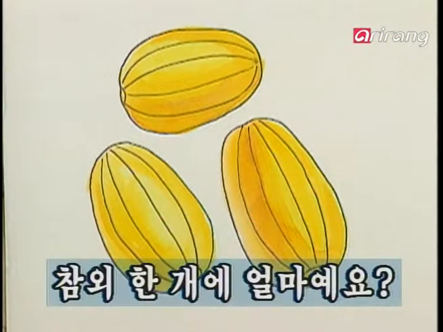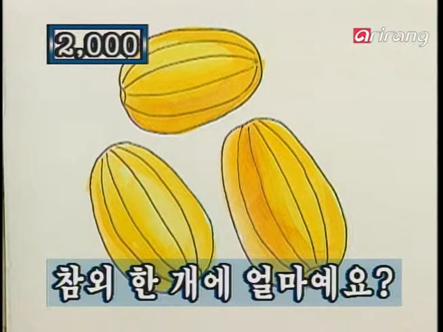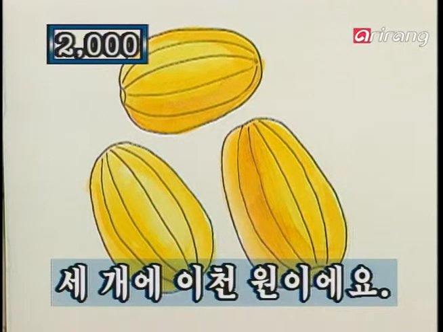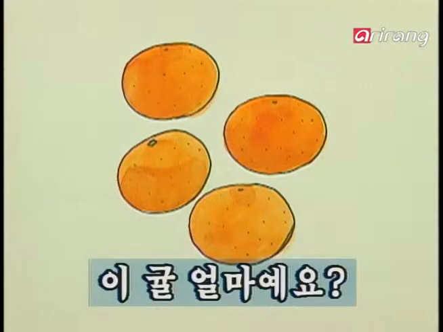How much are the melons? 참외 한 개에 얼마예요? It cost 2,000 won for three. 세 개에 2,000원이에요. How much are the tangerines? 이 귤 얼마예요?